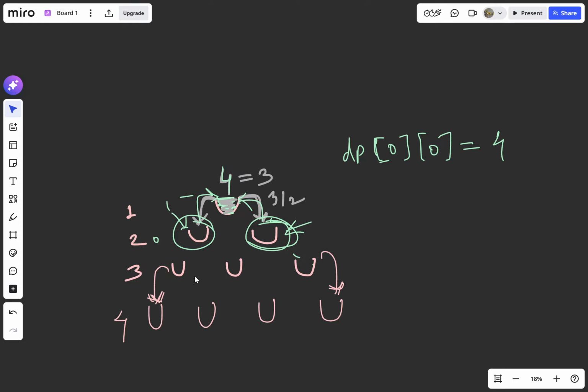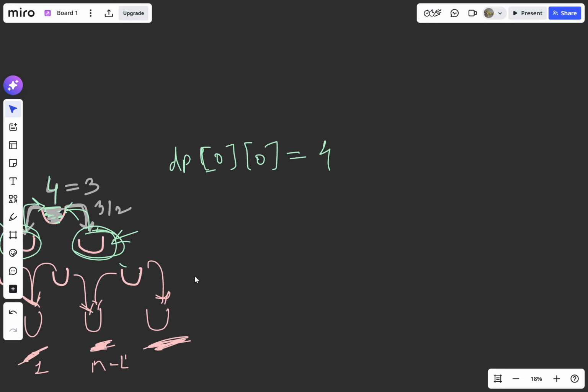So for the leftmost and the rightmost we have only one overflow, and for all from the 1th index to the n minus 1th index, the overflow from this and from this will be poured into this. So all internal indexes will have two sources, but the last and the first index will have only one source. That's why we divide them and write the conditions for them.